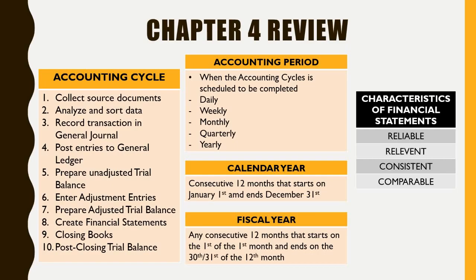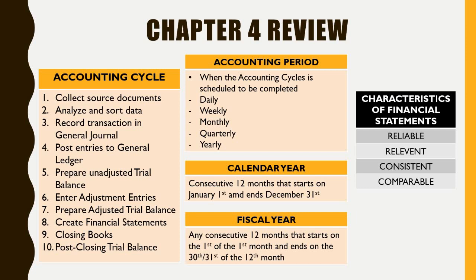And that concludes today's lesson on chapter 4. So here we talked about the accounting cycle. For this class, I just need you to recognize what they are. The order right now doesn't matter, just as long as I can identify what they are. We talked about what the accounting period does.